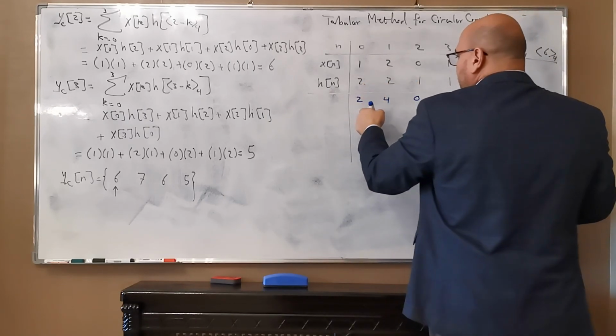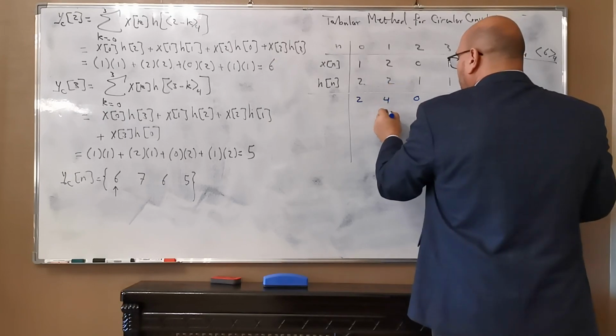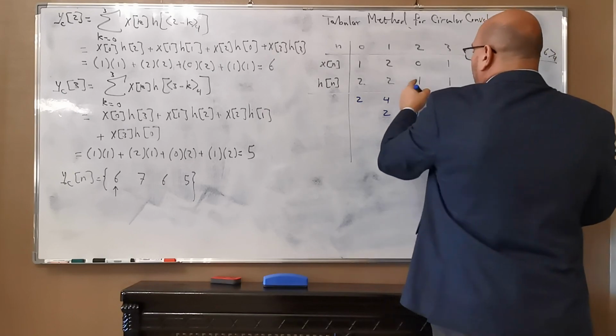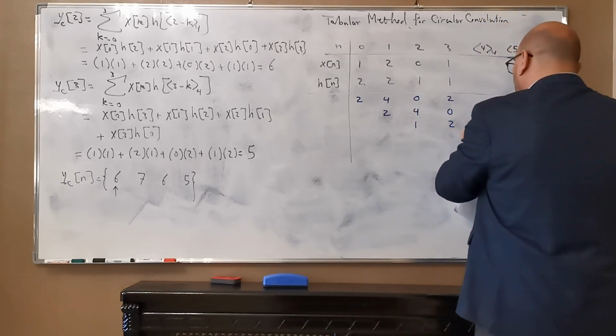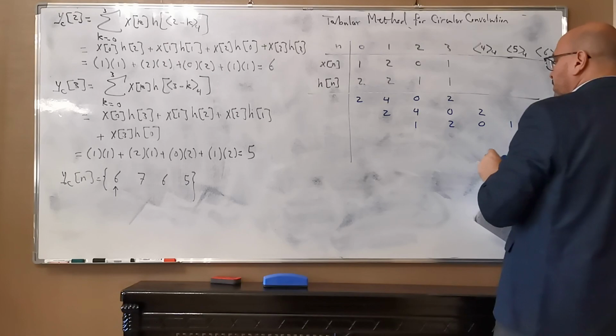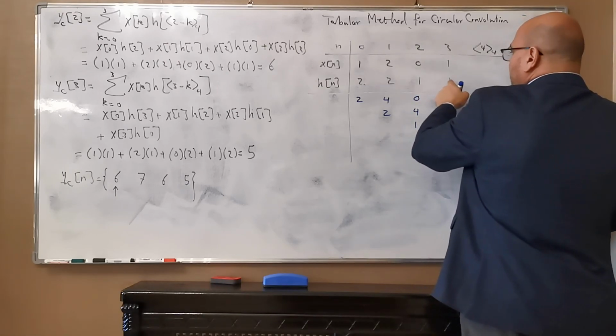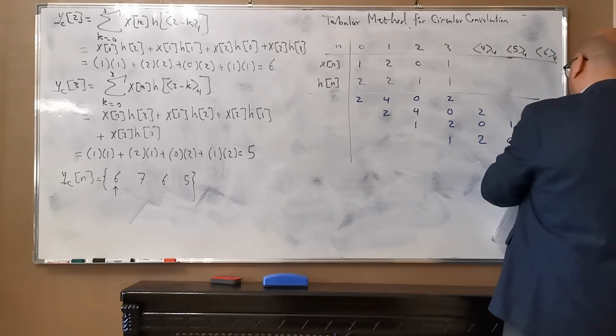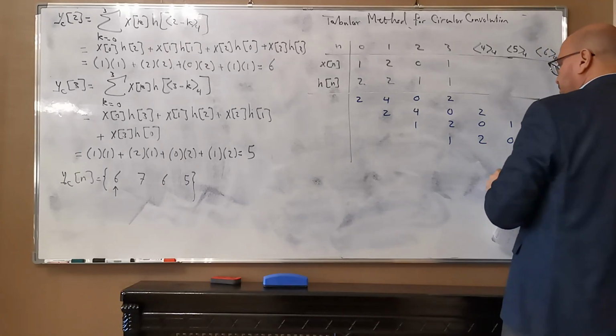So we take a space here, we go to the next one, 2, 4, 0, and 2. The third one is 1, 2, 0, and 1. And the last one, 1 times 1, so 1, 2, 0, and the last one is 1.